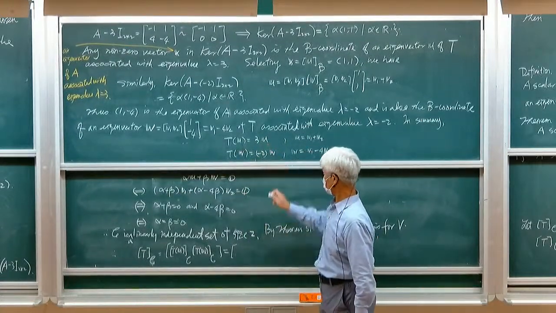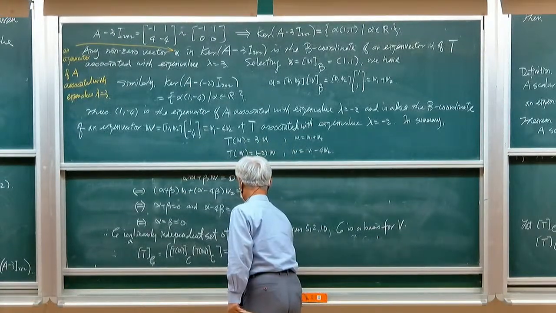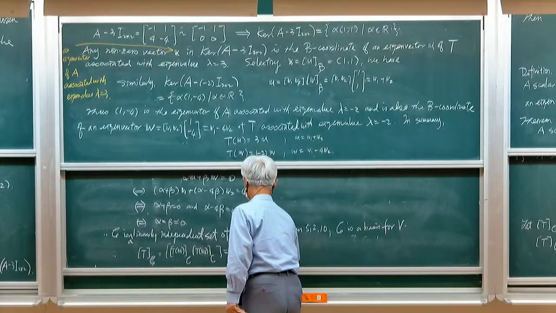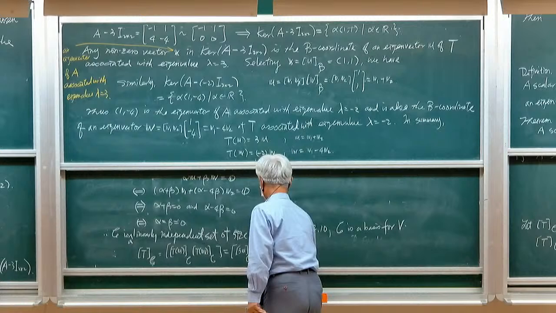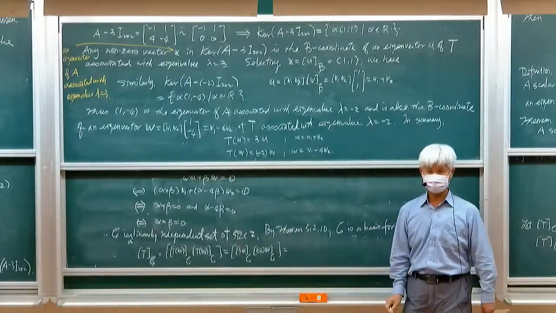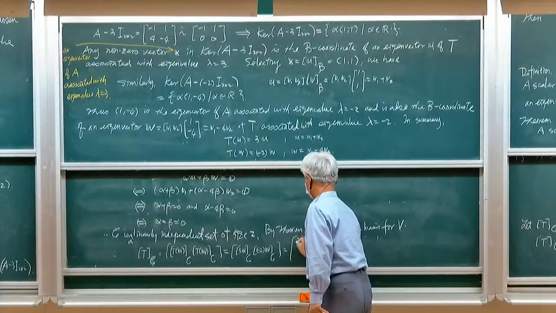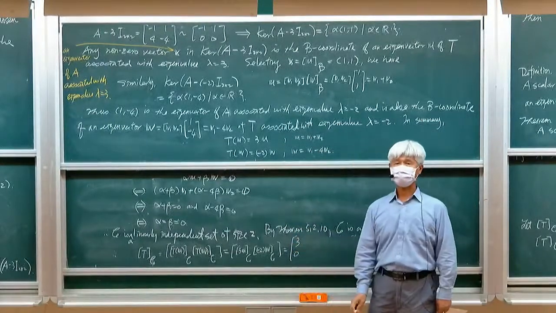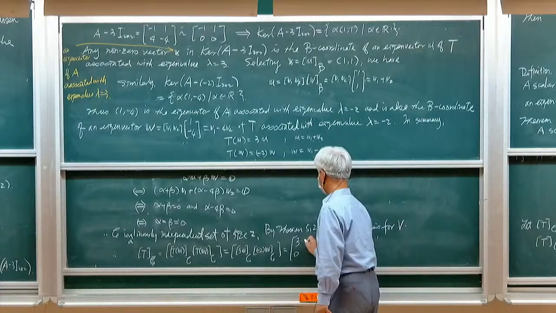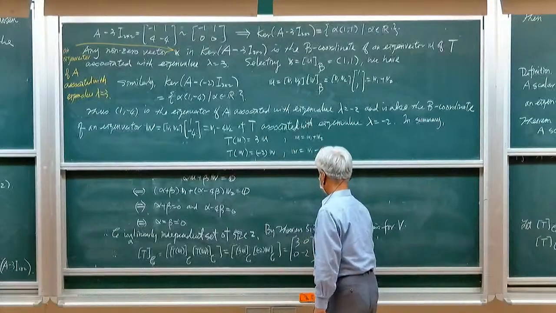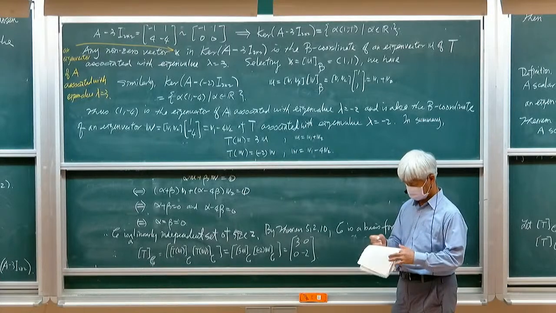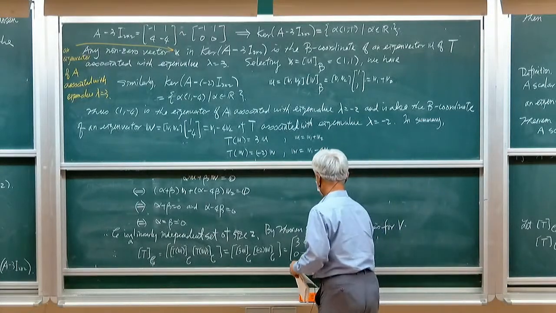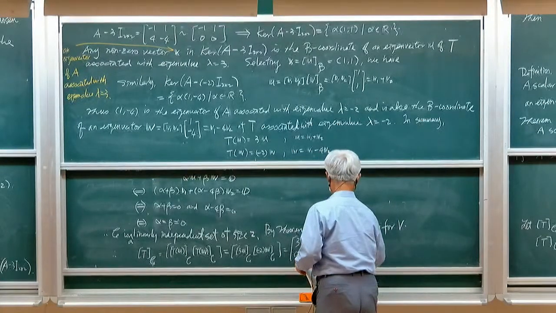TU is 3U, so this is 3 times U in C coordinates. And TW is minus 2W. So the first column is (3, 0), and the second column is (0, minus 2). So it's diagonal.